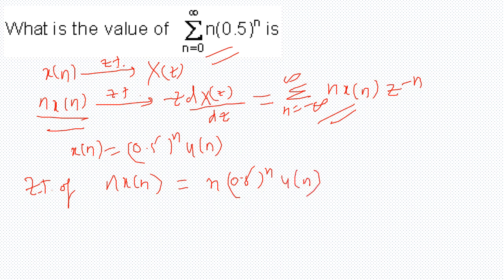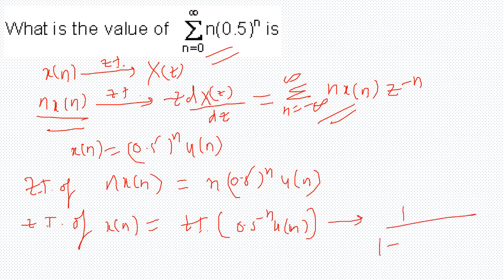Now we know that the z transform of x of n, which is the z transform of 0.5 power n u of n, we already know. This is the basic z transform that we always remember, which is 1 over 1 minus 0.5 z inverse. Now we need to find the z transform of n x of n.